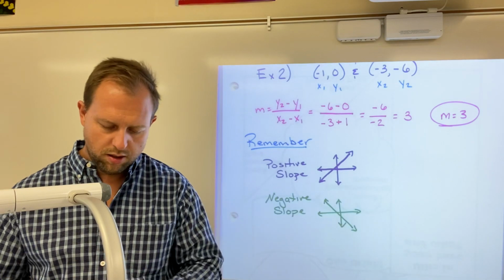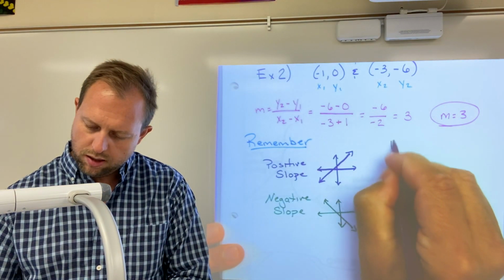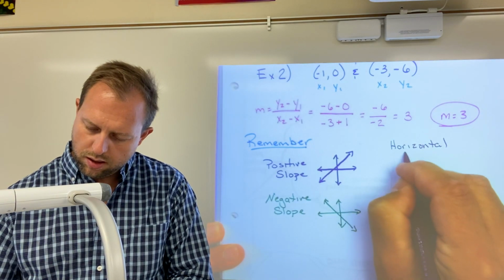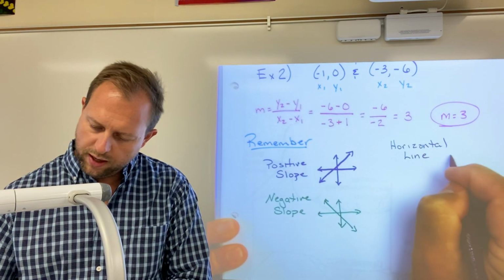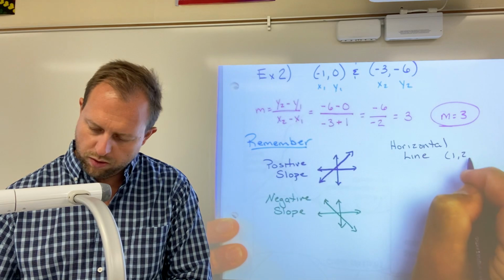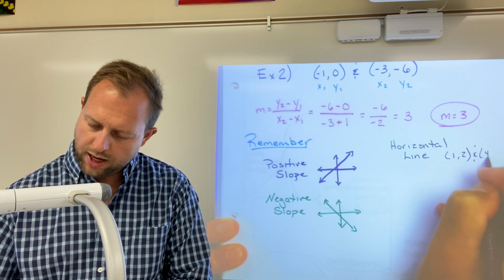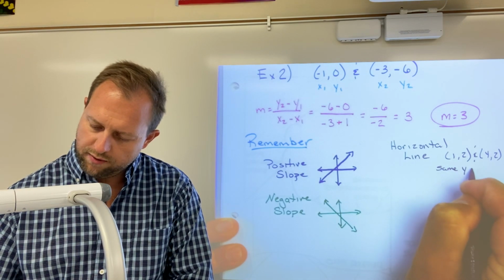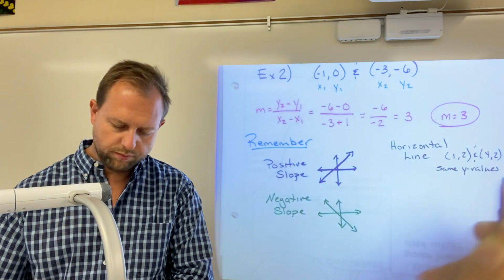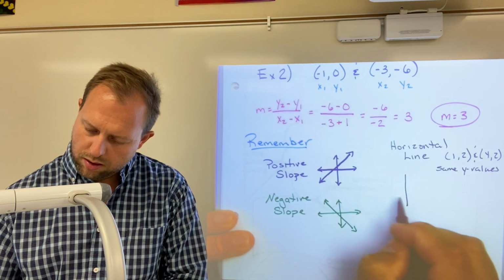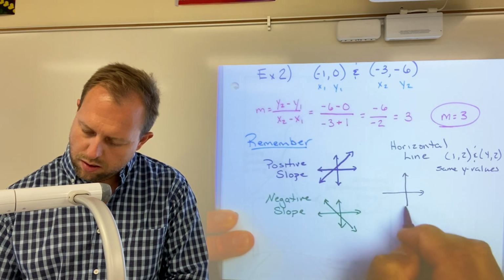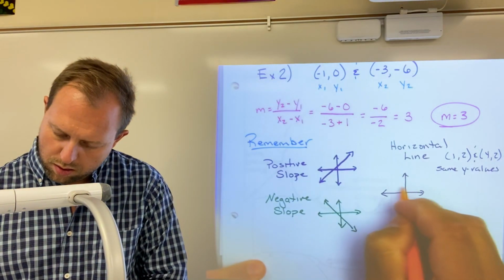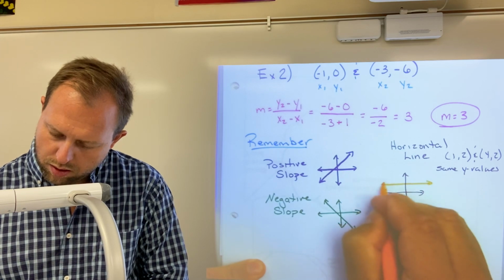If we have a horizontal line, and let's give an example, 1, 2, and 4, 2, they have the same y values, and we end up looking like this.